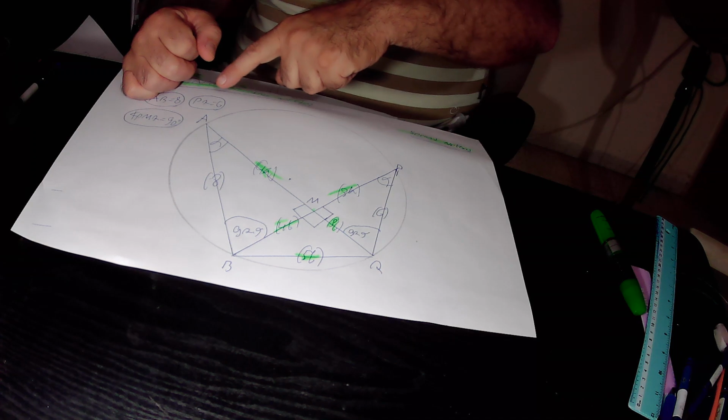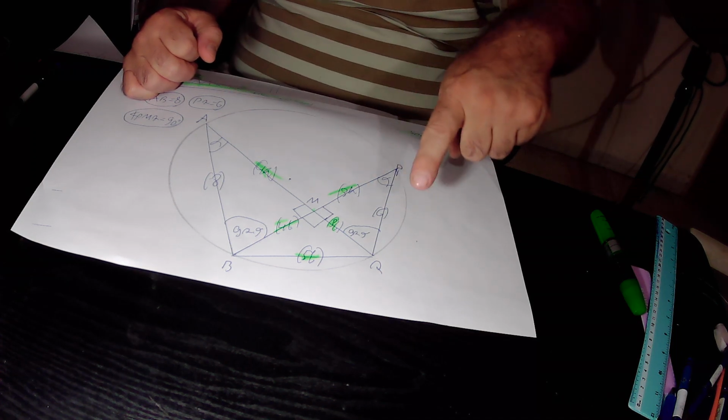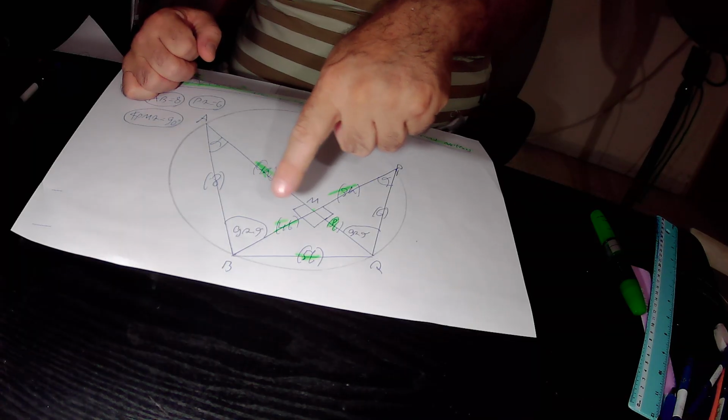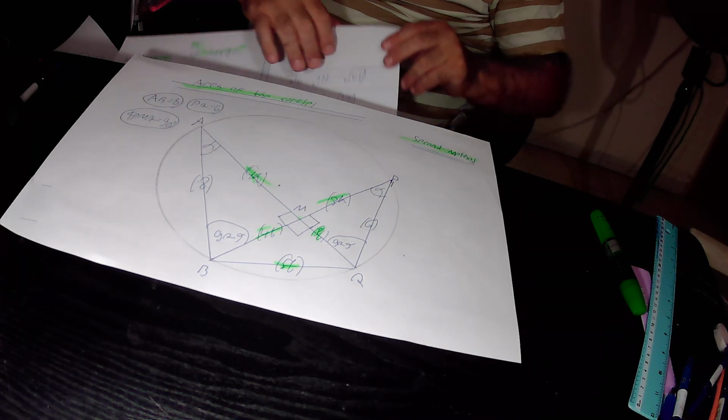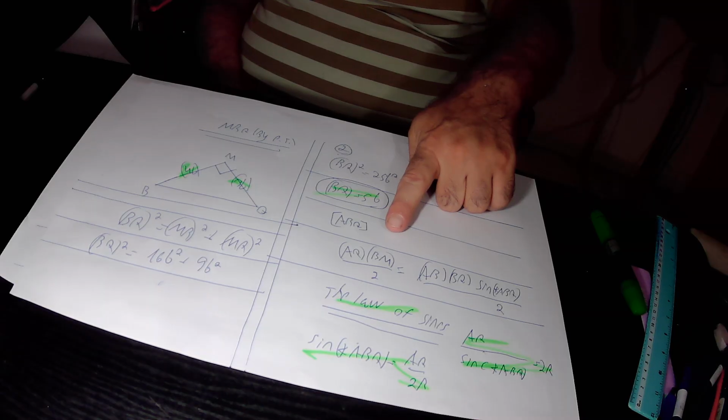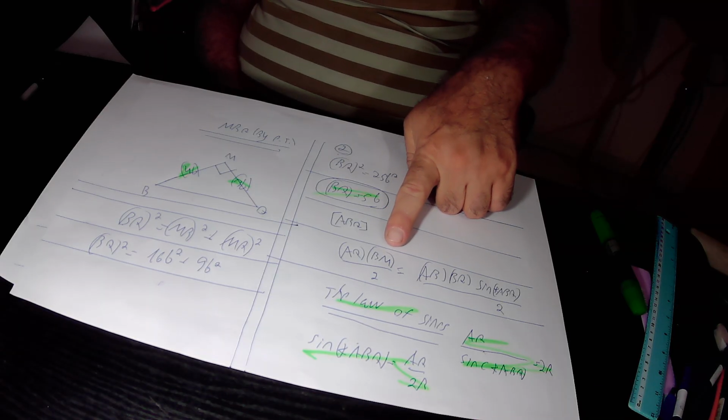According to the first calculation, the area of triangle ABQ equals the base of the triangle, that is AQ, times the height to the base, that is MB, over 2.